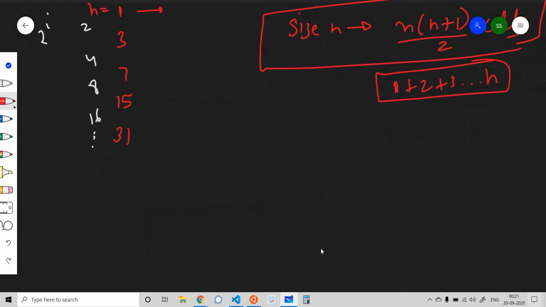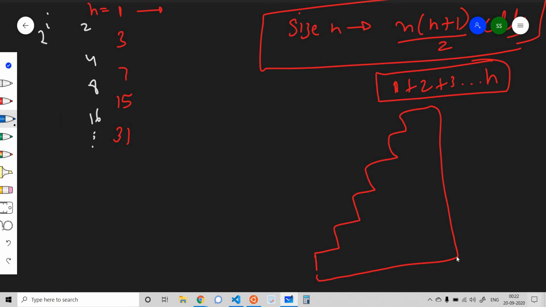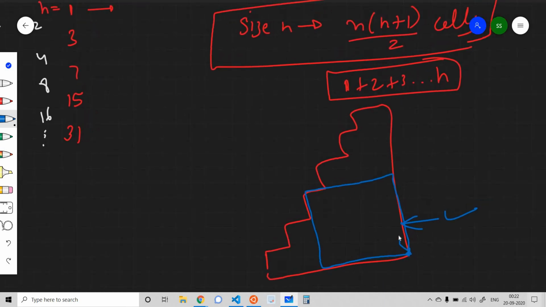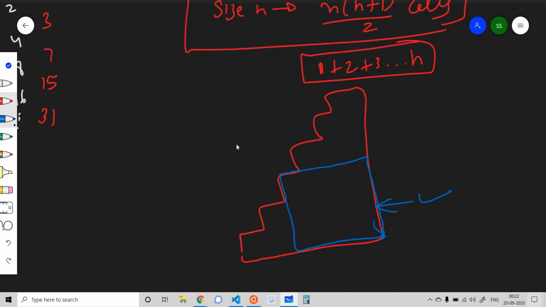Suppose we have this staircase. As I mentioned, we should try to place the largest possible square having its bottom right corner at this place. So if we do this, suppose this is the largest square we can have, we are sure that at this point this satisfies the property.